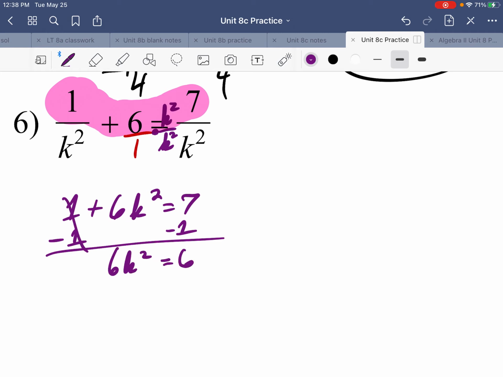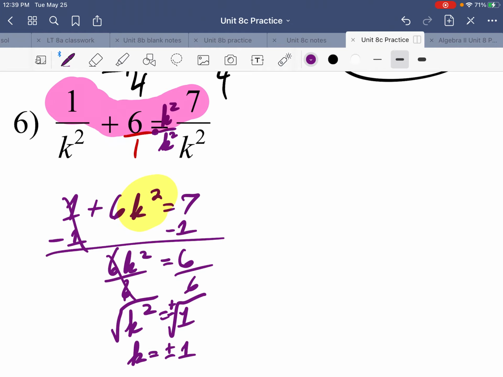And I'm moving everything away from the k squared because I only see one term with the k. There's only one term with a variable. Anytime you have that, you can solve for that variable. I should say when it's quadratic. When it's cubic, you're probably going to have to do some factoring prior to.